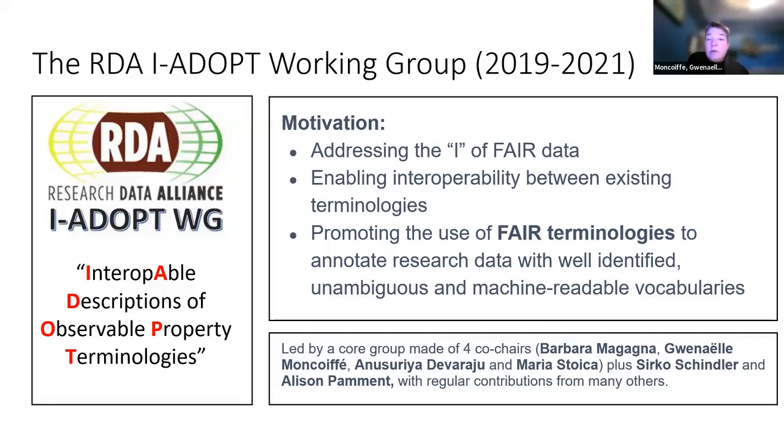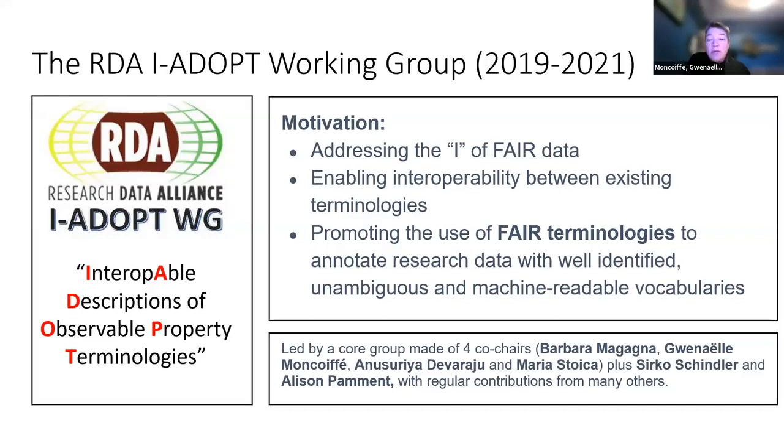Our main goal was to address the interoperability of FAIR data, and also enable interoperability between existing terminologies like CF standard name and BODC PUV, but also we had people in our group from the earth science domain, from the terrestrial ecology domain. So it was beyond the oceanographic and beyond the environmental domain as well.